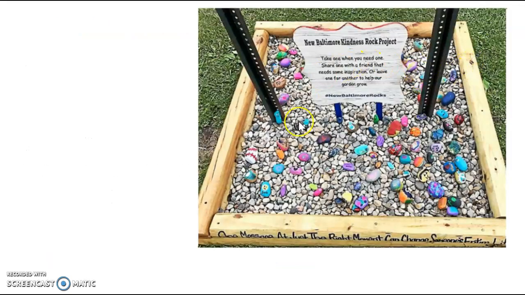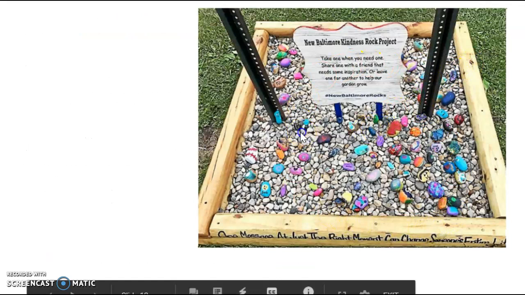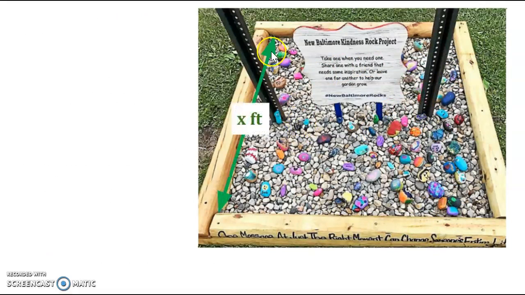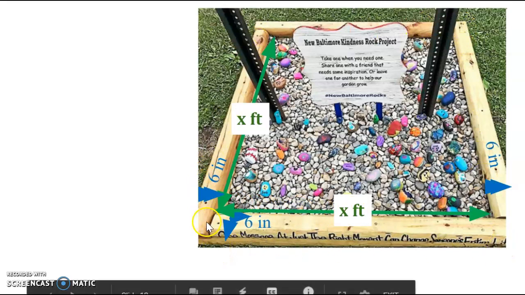Here we go. Okay, so if this is my rock garden, then we can call this length X, and the other length is also going to be X. We're also told that the 4 sides are going to be covered by the frame, which is going to enclose the rocks, and they are each going to be 6 inches in width.